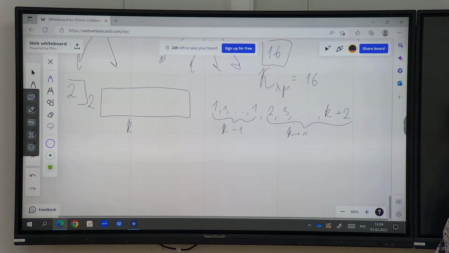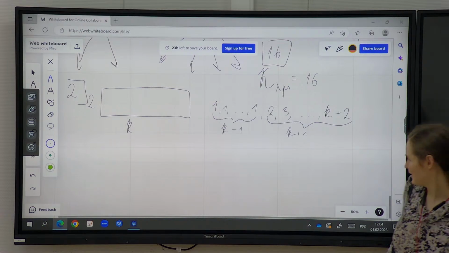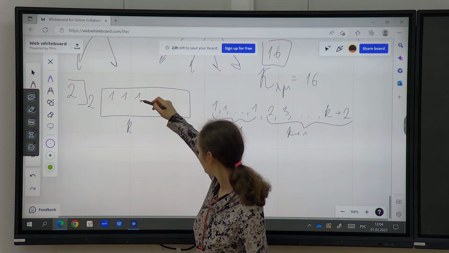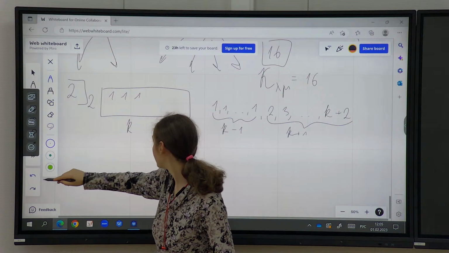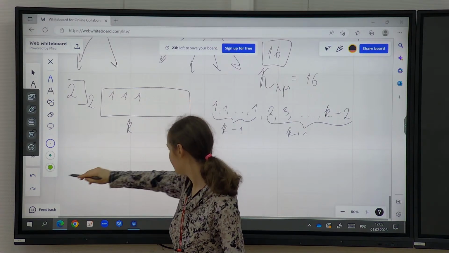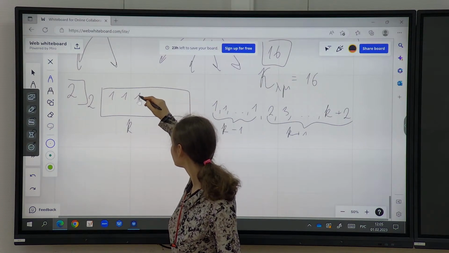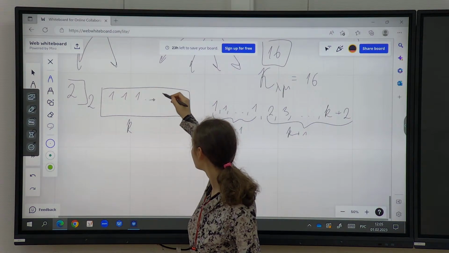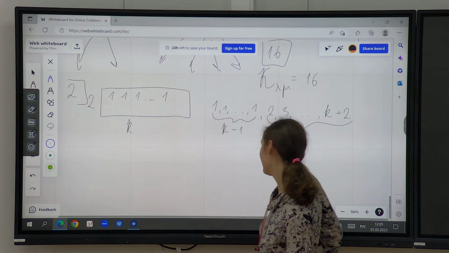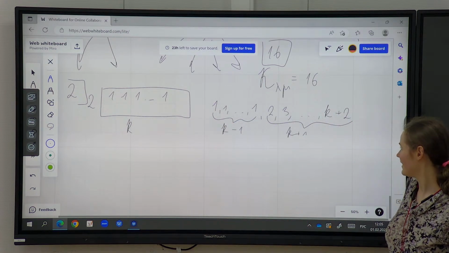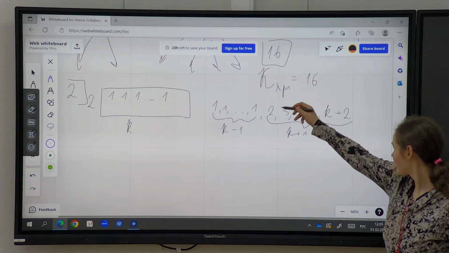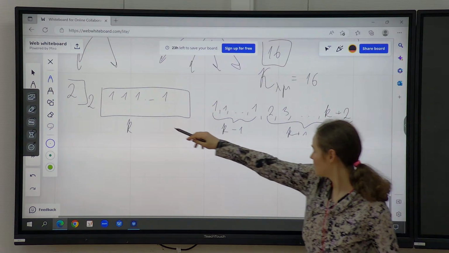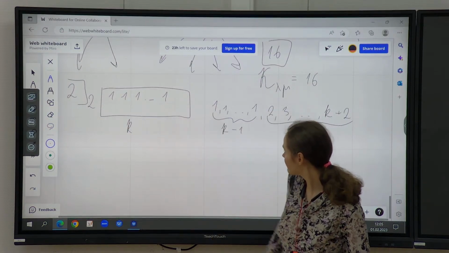And how can we do this? We place all the ones in the first row. And then we need to place these guys to the remaining space.